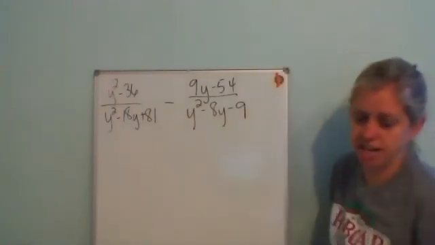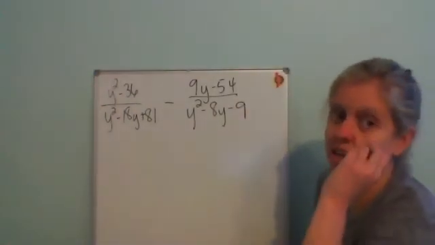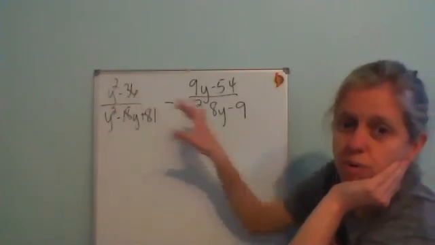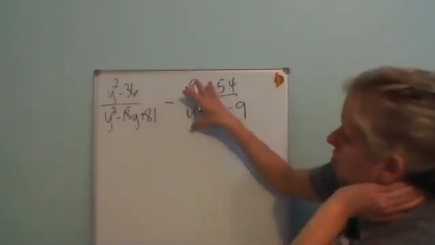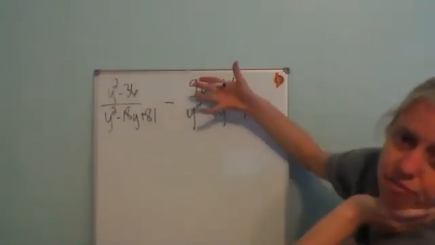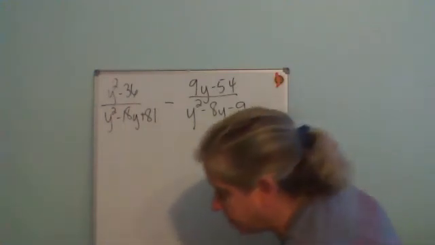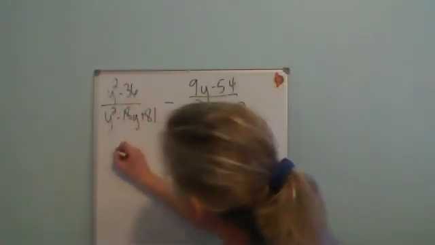Okay, so once again, since it's division, before I do anything else, I'm going to rewrite this problem with a multiply and a flip of the second fraction. So let's do that first. Everything is the same up front.